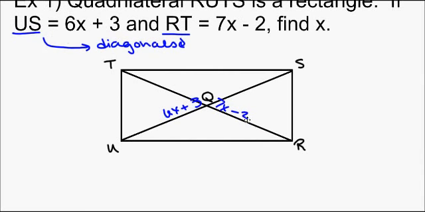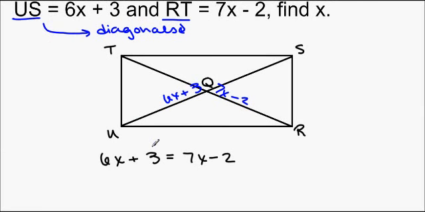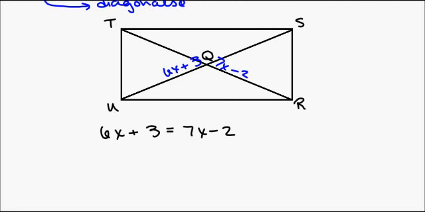So if I want to find x, all I have to do is set those equal to each other. Since those are congruent, I can write an equation using the 2 diagonals. For this equation, I want to get all my x's on one side, just like always. Let me subtract 6x.